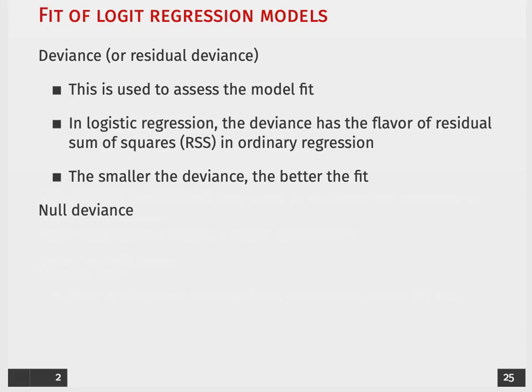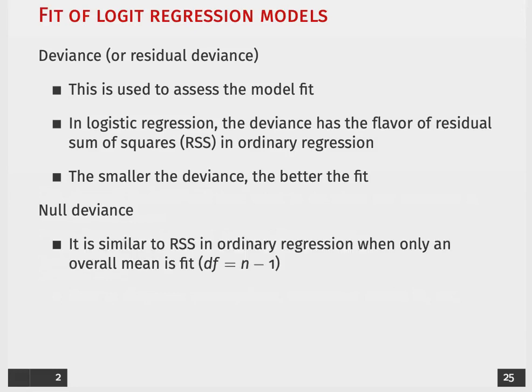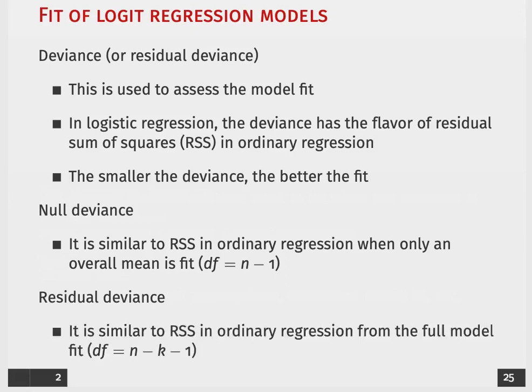What we're going to do is compare our deviance to the null deviance. Again, this is very similar to the residual sum of squares, where we're going to compare the overall fit of our null model, essentially no covariates, with our residual deviance, so the amount of deviance that we see in our full model, with all of our covariates.